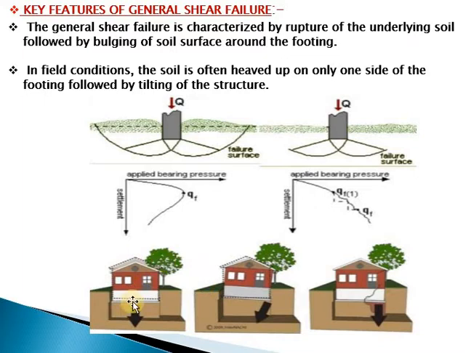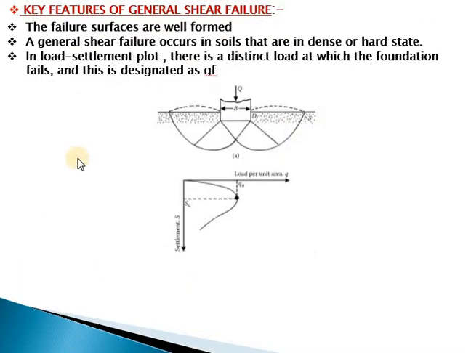The structure will be tilted in general shear failure. Okay. And the failure surfaces are well defined or well formed in general shear failure. This is actually the heaping up of the soil surfaces around the footing.